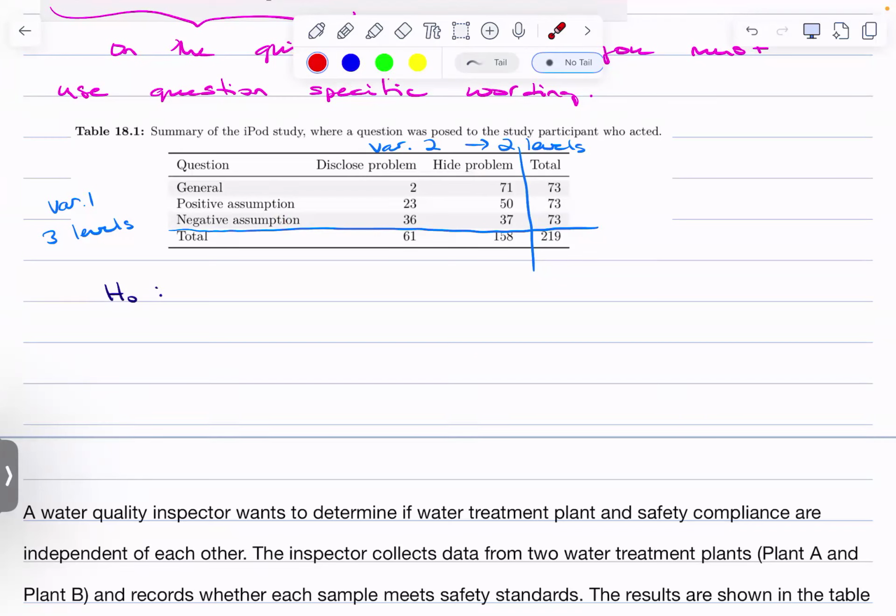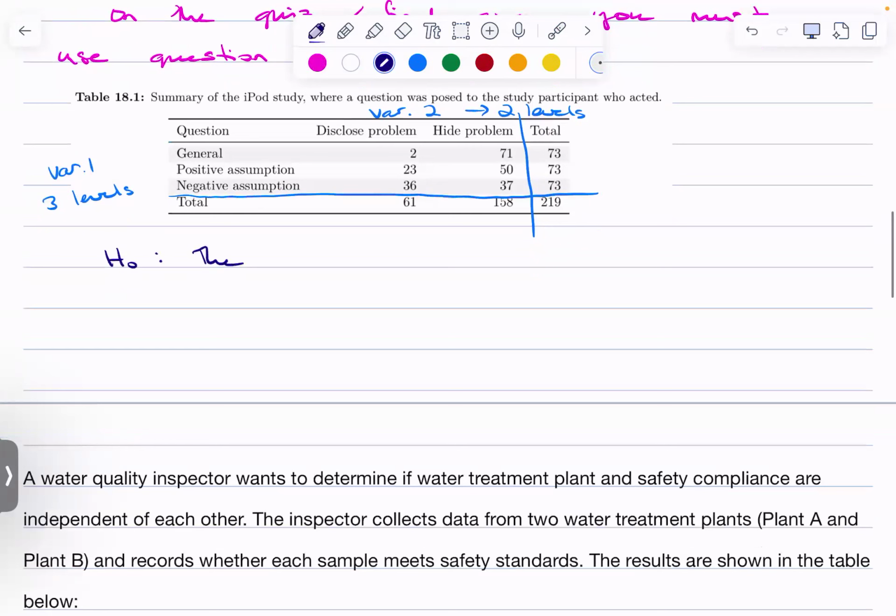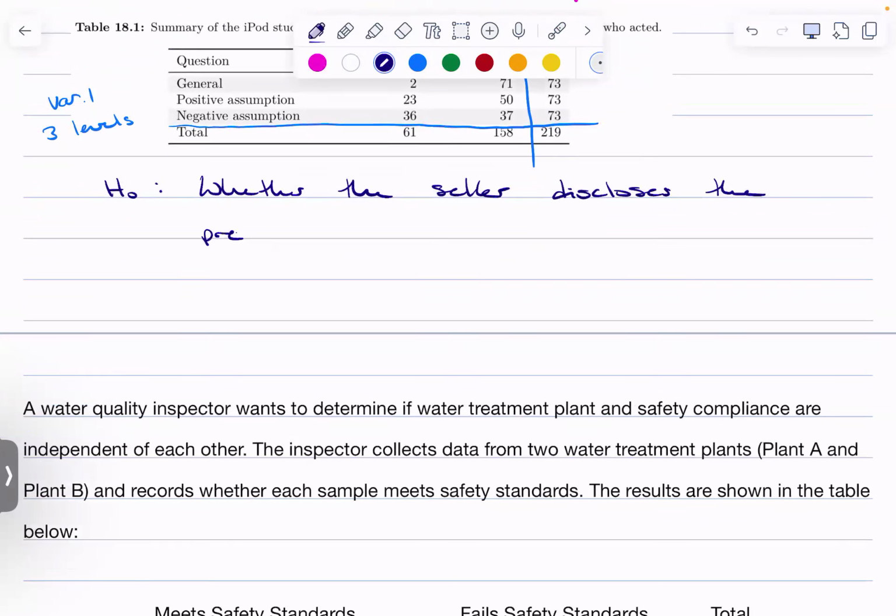Because the independence goes both ways. So let's say whether the seller discloses the problem or not is independent of the question asked.